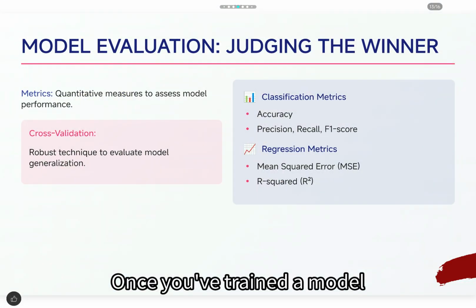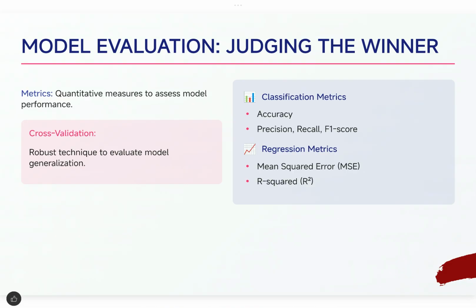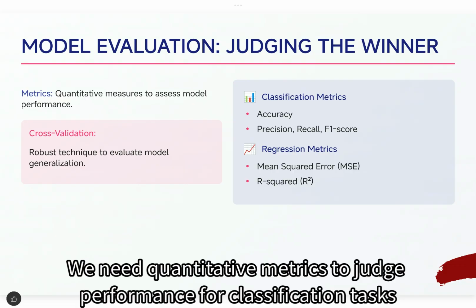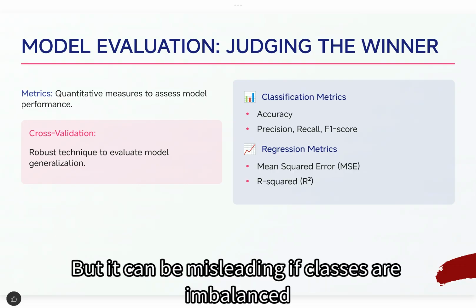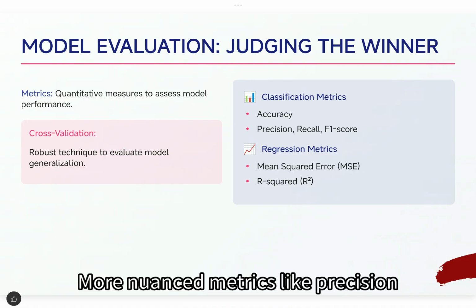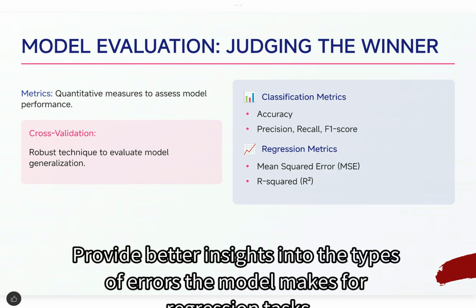Once you've trained a model, how do you know if it's any good? That's where model evaluation comes in. We need quantitative metrics to judge performance. For classification tasks, accuracy is common, but it can be misleading if classes are imbalanced. More nuanced metrics like precision, recall, and the F1 score provide better insights into the types of errors the model makes.